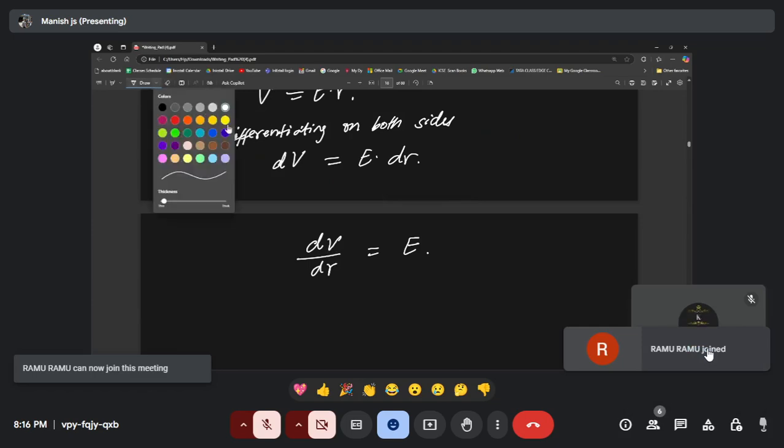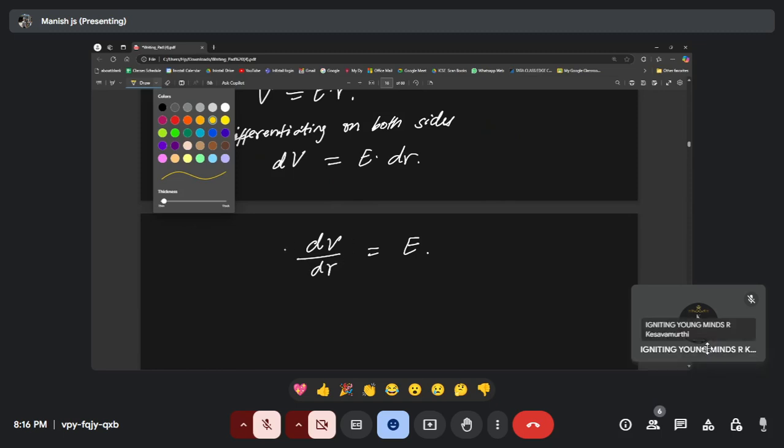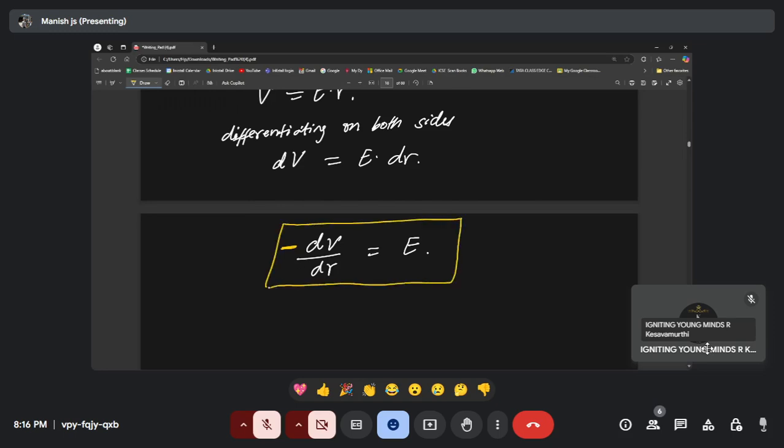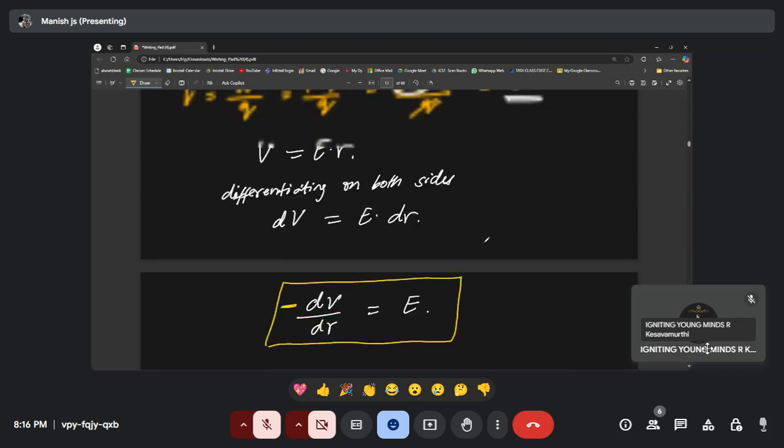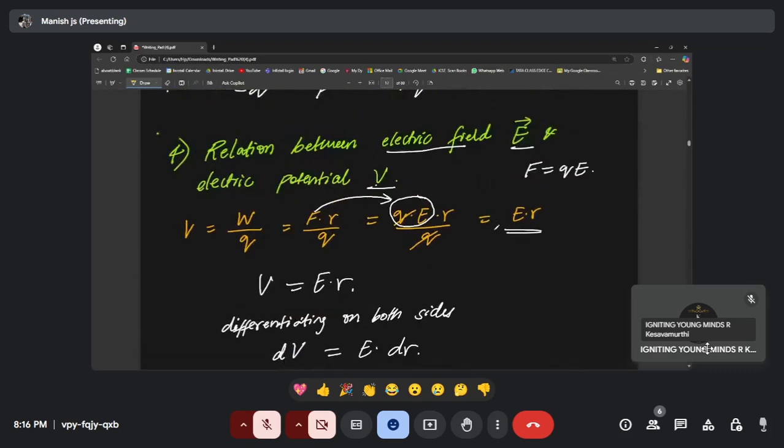This is also another important formula, children, very important. So E is equal to dV by dr. Usually there is a negative sign which comes because electric field is always opposite to the direction of electric potential. So this is a formula that relates electric field and electric potential. Okay, so that's the fourth concept that we are seeing for the day.